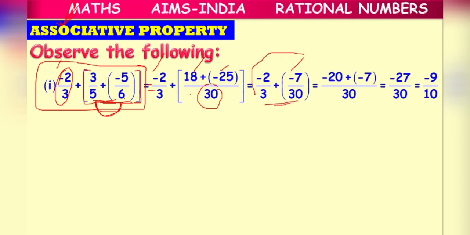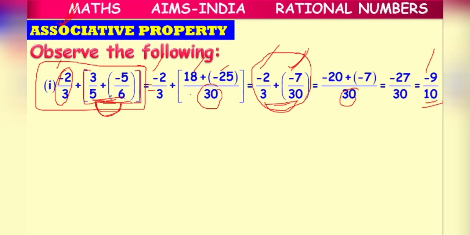Now we have two rational numbers because the second and third are simplified into one. Now the first one and the simplified one, we will add both of them. LCM is 30. And finally, the result we are getting is minus 9 by 10.